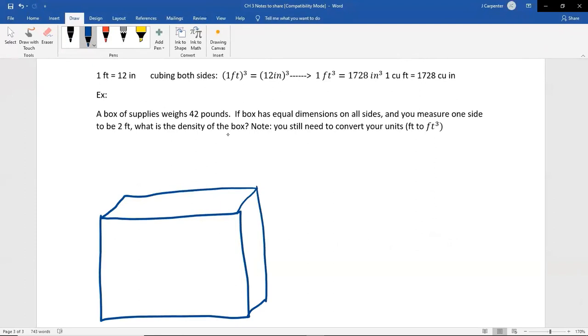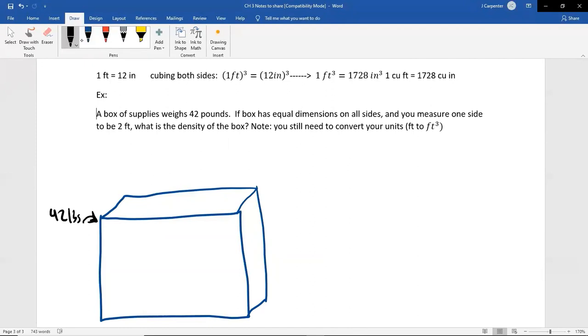Now you might be like, Mr. Beckner, that doesn't look like a cube. Please ignore my poor artistic ability. It's a cube. So this box weighs 42 pounds in total. The whole thing is 42 pounds. So if you put that box on a scale, it comes out to 42 pounds exactly.